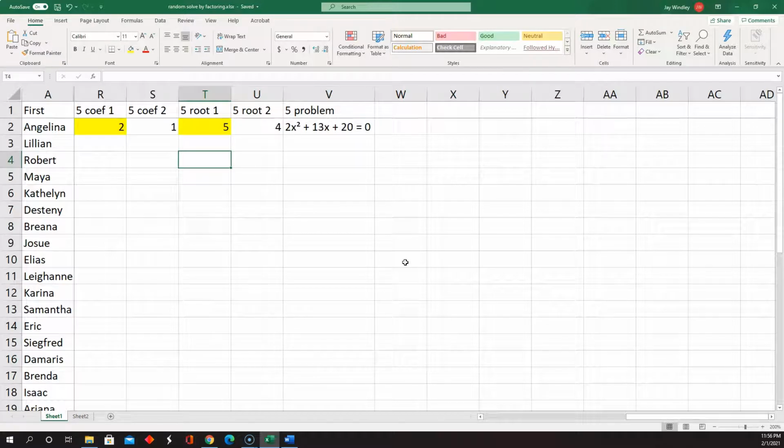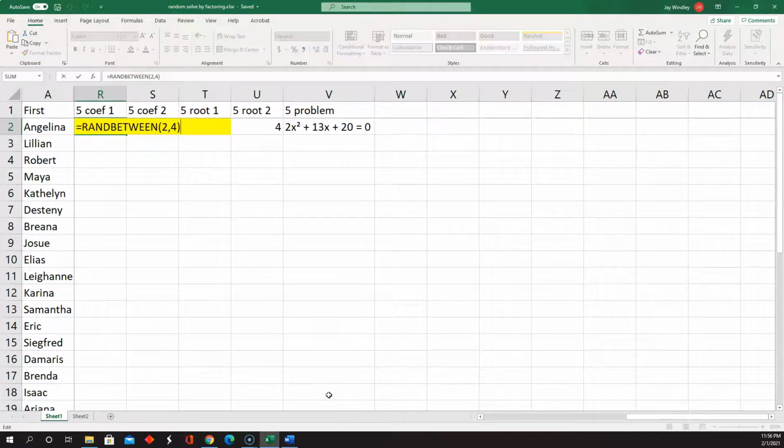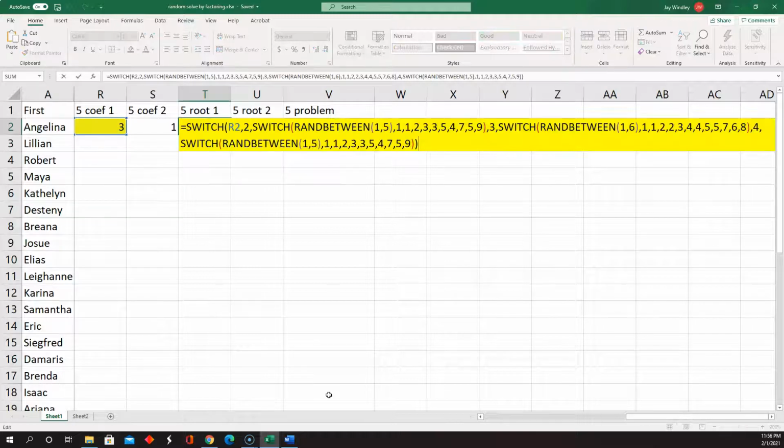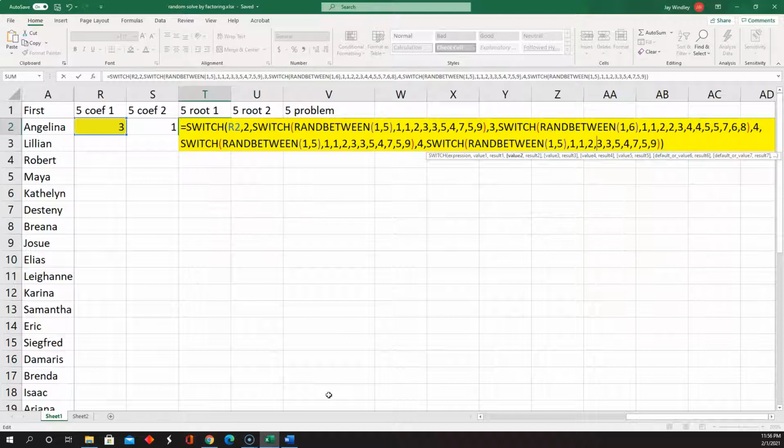I know that's a little bit advanced, but let me take this one step further. Now let's make it a random number between 2 and 5 and add yet one more choice to this switch. So if the leading coefficient is a 5, then we can have for the constant or for the root any number besides 5.